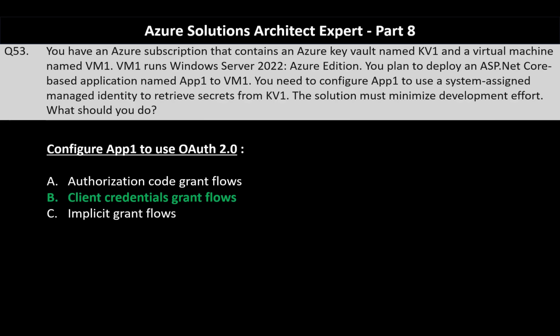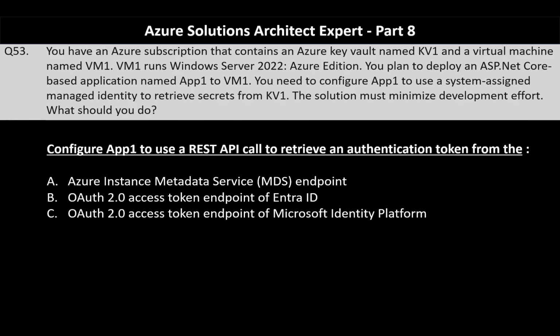Now, the next part of the question is to configure App1 to use a REST API call to retrieve an authentication token from. Your options are the Azure Instance Metadata Service IMDS endpoint, the OAuth 2.0 access token endpoint of Entra ID, or the OAuth 2.0 access token endpoint of Microsoft Identity Platform.